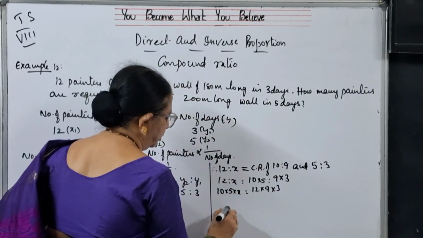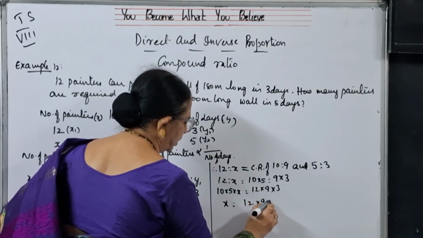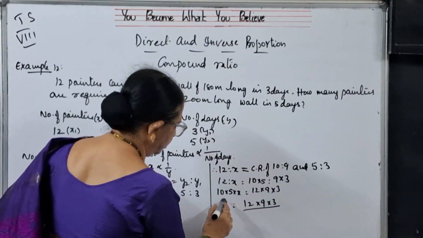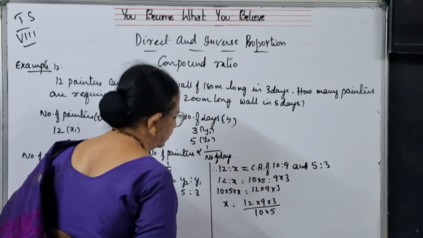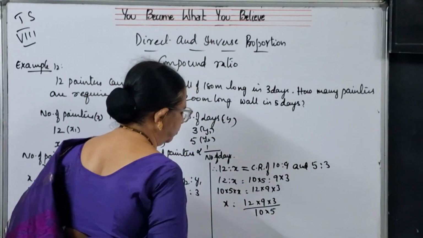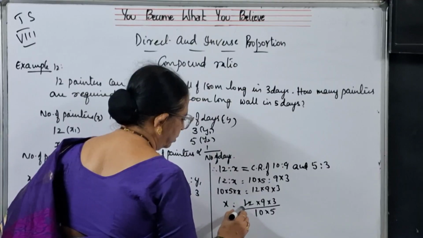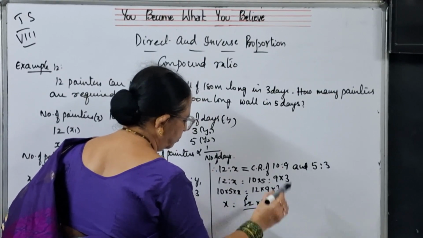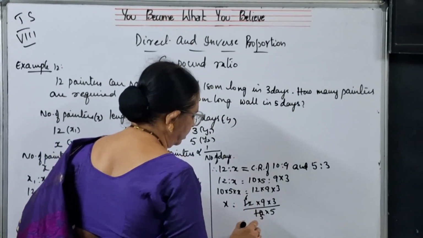Product of extremes is equal to product of means. x is equal to 12 into 9 into 3 by 10 into 5. So what we can say, 2 sixes are, 2 fives are. Anything else?